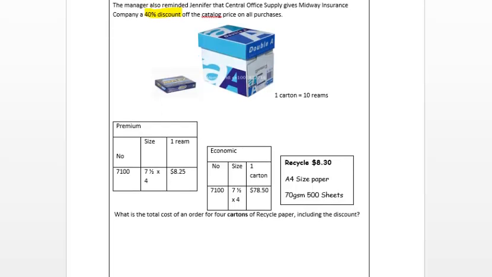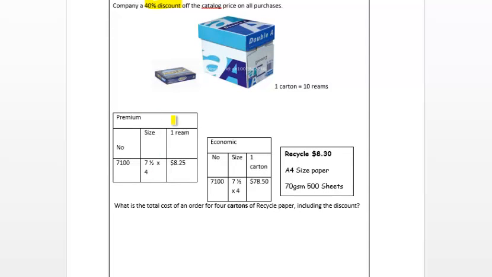Now let's read the question. Again, same thing. Notice premium 1 rim is $8.25, economic 1 carton is $70.50, recycle is $8.30. Now let's take a look at what the question wants us to find. What is the total cost of an order of 4 cartons of recycled paper?